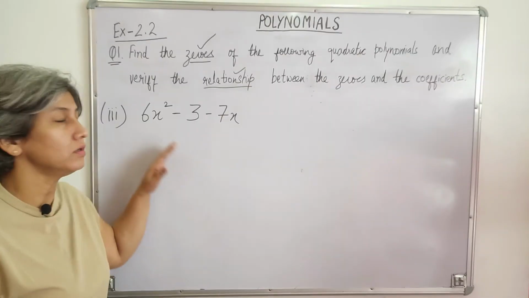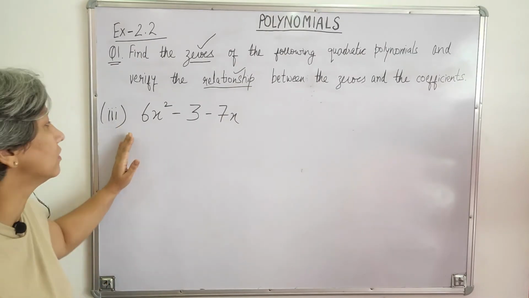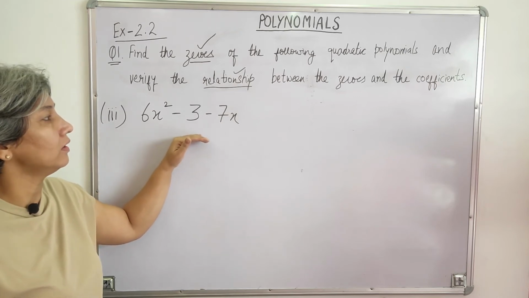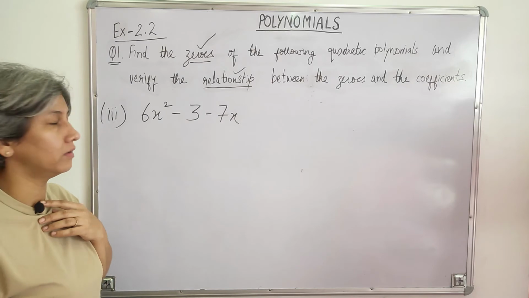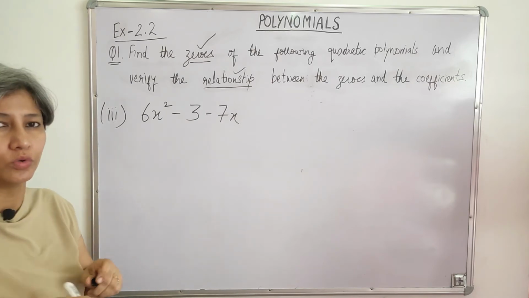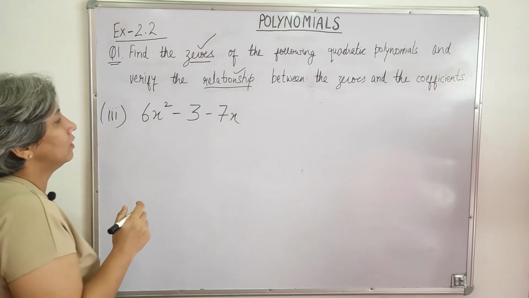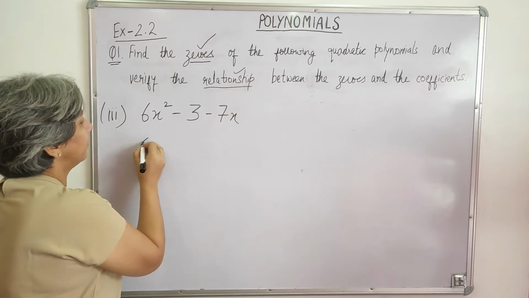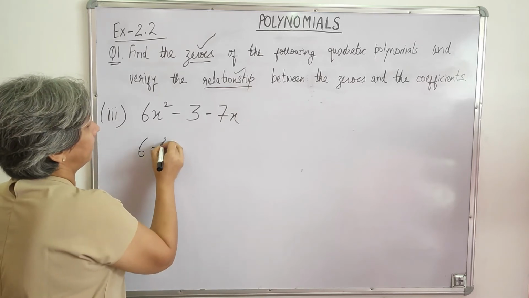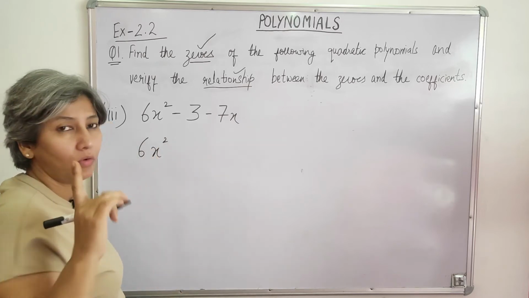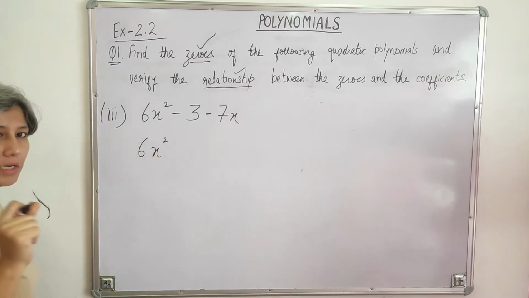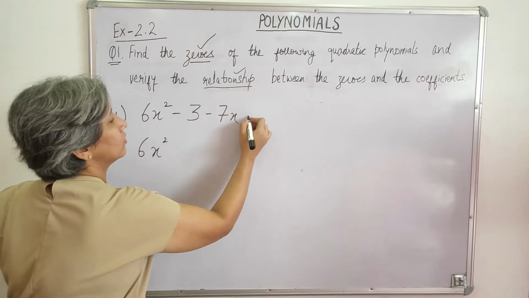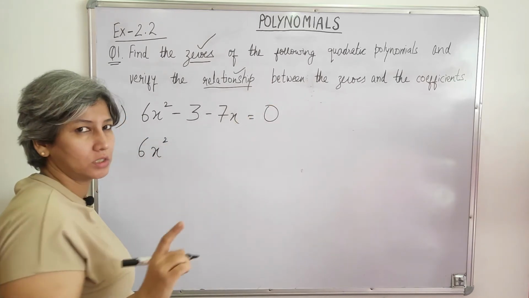Our third question is 6x² minus 3 minus 7x, right? And let's do it. Again, we'll split the middle term. One thing, we'll quickly shuffle the terms, because first it's a quadratic polynomial.